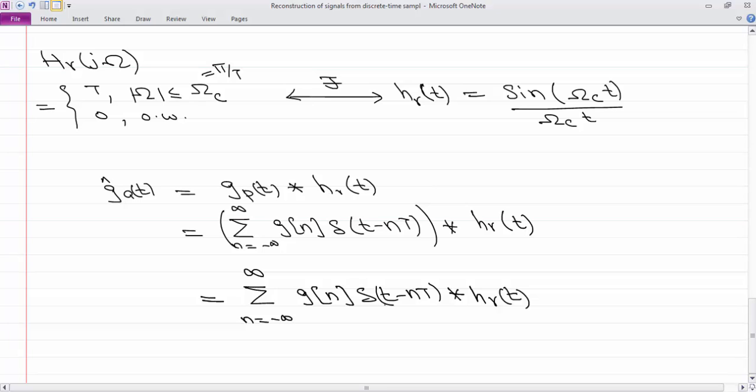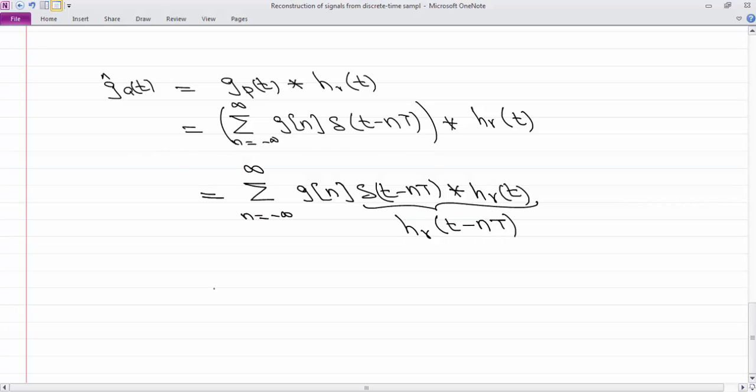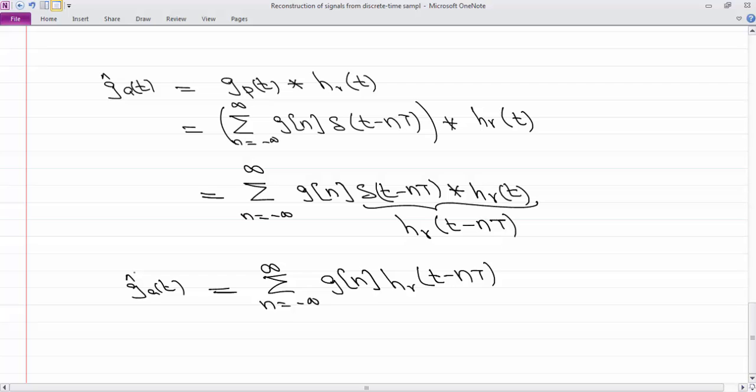So the output of this convolution is simply going to be the impulse response shifted to the location of the impulse, which is nT. So I get the sum over n from minus infinity to infinity of g of n times h_r of t minus nT. So that is what my g hat a of t looks like.